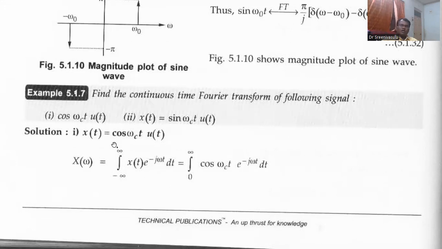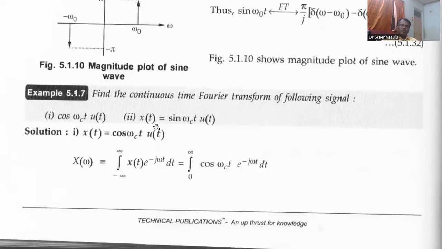Now, for this cos omega naught t u of t, if you apply the Fourier transform, X of omega is equal to the integral from minus infinity to infinity of x of t into e power minus j omega t dt.